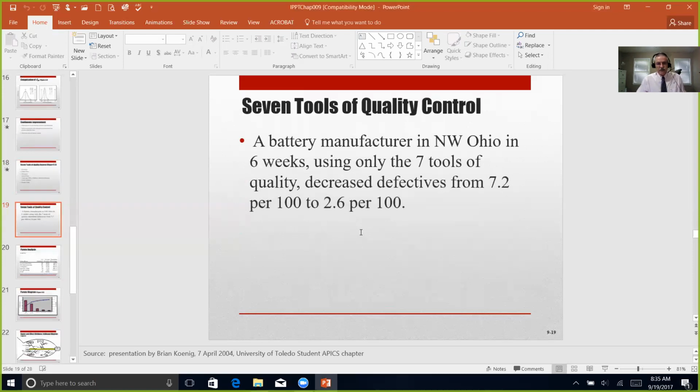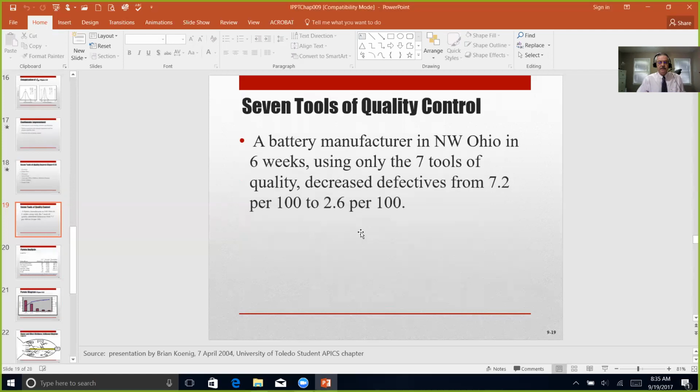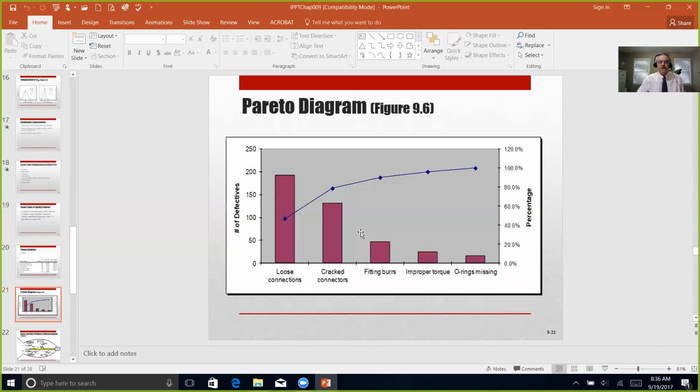Here's just an example of the 7 tools used at a battery manufacturer. It's a Pareto analysis that they went through to look at all the issues associated with that particular example. So this is the problem. This is a tool that they use, a Pareto analysis, to help identify some of the issues associated with that.